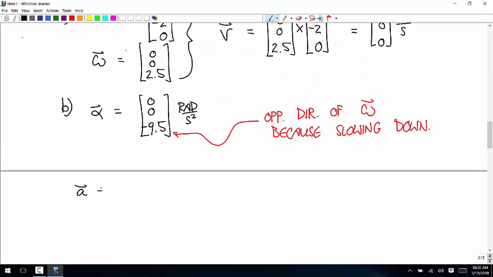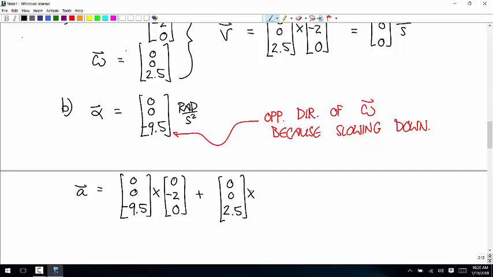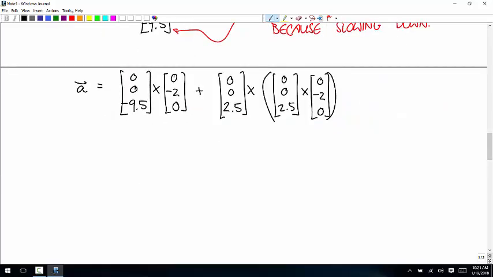The acceleration is equal to 0, 0, -9.5 crossed with r, 0, -2, 0, plus 0, 0, positive 2.5 crossed with the quantity 0, 0, 2.5 cross 0, -2, 0. This one is 5, 0, 0.